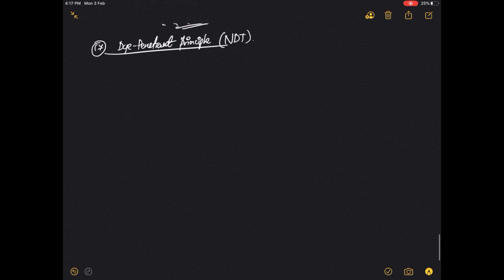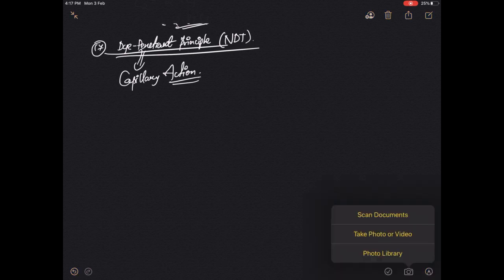Why? Because every year you will get to see this kind of question. What is the principle of this? This is nothing but capillary action. Similarly, for ultrasonic, what is the principle? For acoustic, what is the principle? So you must know all the principles of these NDT techniques. Okay, so these are the questions that we got to see.